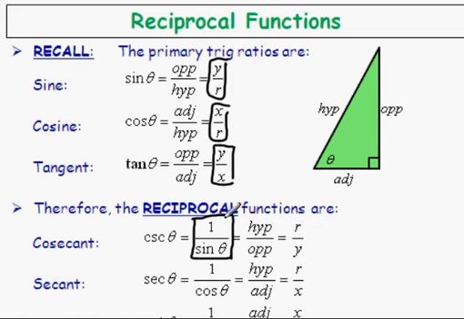Okay, but we have a special name for 1 over sine theta. We call it the cosecant. Okay, and the short form for cosecant is CSC. Alright, so instead of having to write 1 over sine theta, we can just write CSC theta. So what that means is the reciprocal of sine theta.